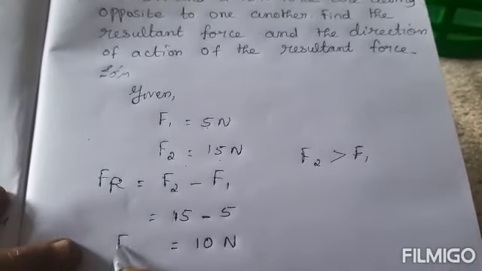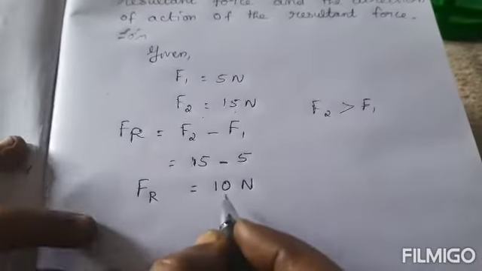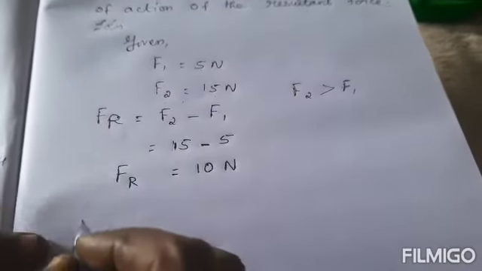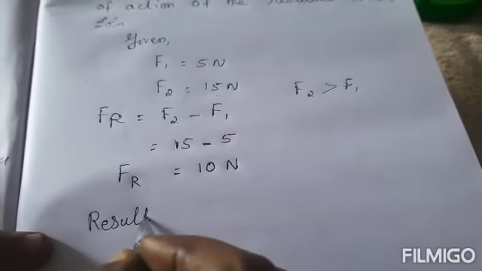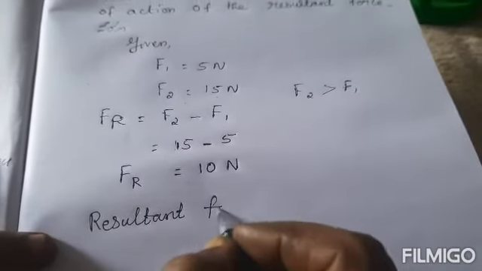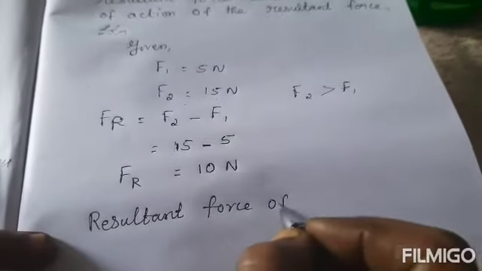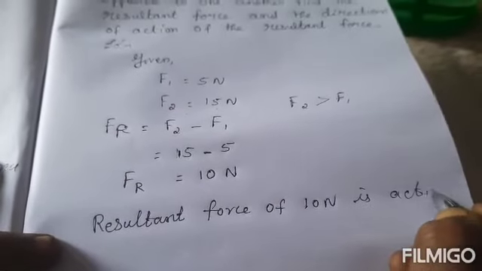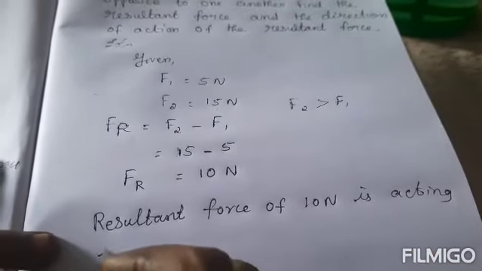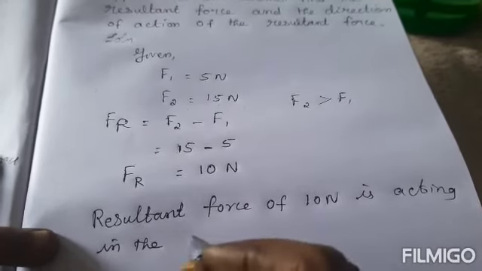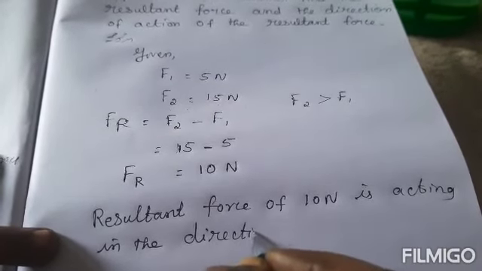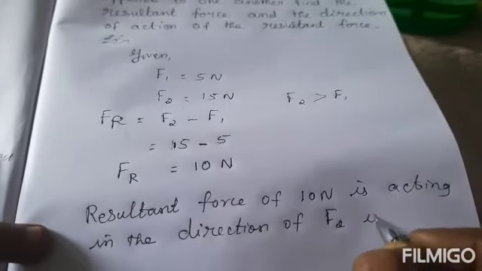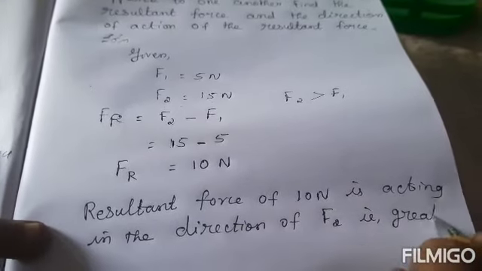So the resultant force equals 45 Newton. So you write: the resultant force of 45 Newton is acting in the direction of F2, that is the greater force.